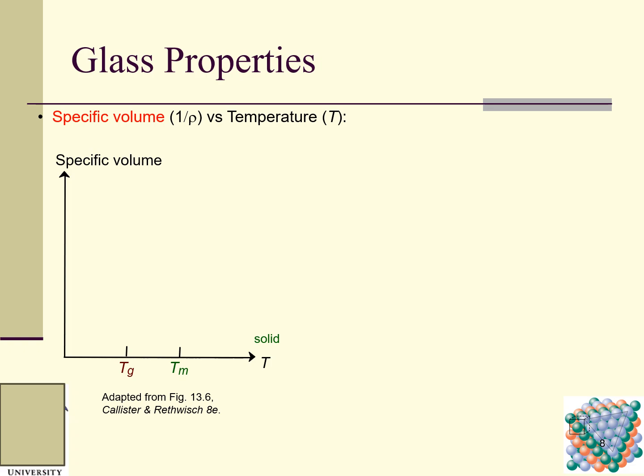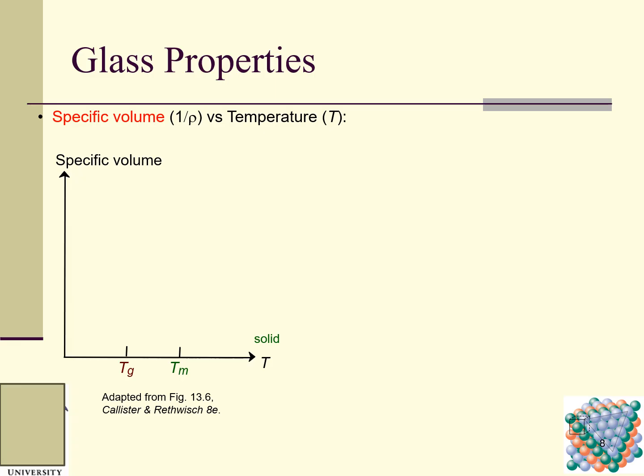Now glass properties. We know glass very well because, as I said, glass utensils are widely used in our daily life. Here we have specific volume, 1 over rho, versus temperature.